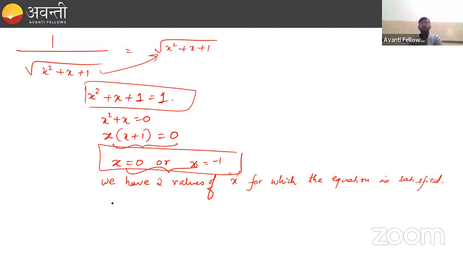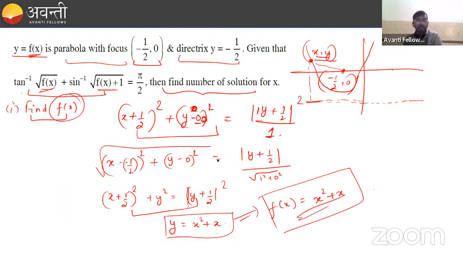So we can write our answer as 2. So the number of solutions for x is 2.